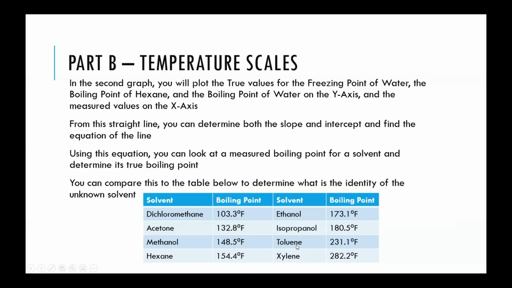All of them are possible, all of them are contained in the various unknowns. So you're trying to determine the identity of your solvent listed in that unknown based on the temperature readings that the theoretical thermometer in your unknown gives you.